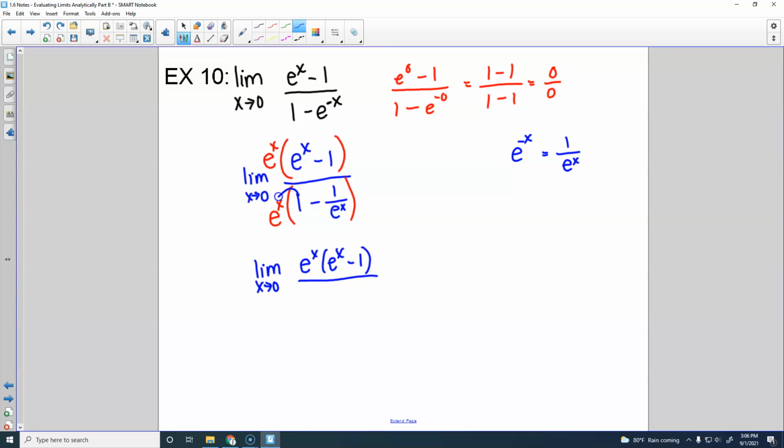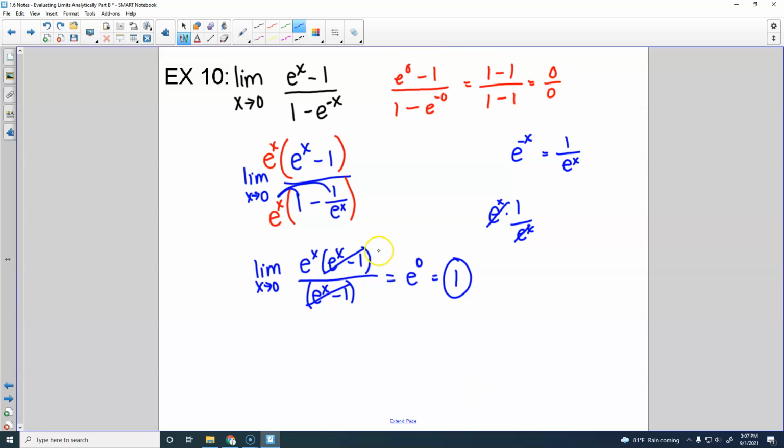And in the denominator, I am going to distribute because I want to get rid of that fraction. So when I do that, e to the x times 1 is e to the x. And then what is e to the x times 1 over e to the x? The e to the x's cancel, and you just get minus 1. Now what can happen? Cancel these. Direct substitution. E to the 0 equals 1. Anything to the 0 power is 1.